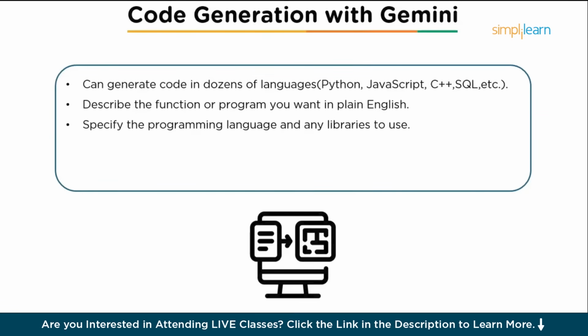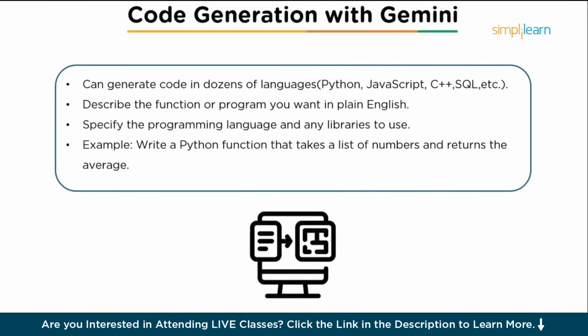It's also crucial to specify the programming language and any libraries you intend to use, providing the model with necessary context for accurate code. For instance, a clear prompt would be: write a Python function that takes a list of numbers and returns the average, which directly guides Gemini to produce the desired code.